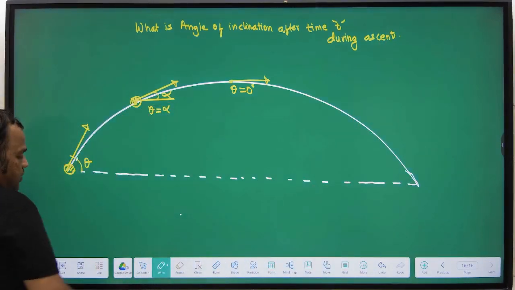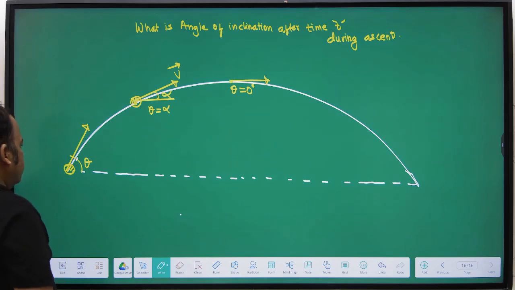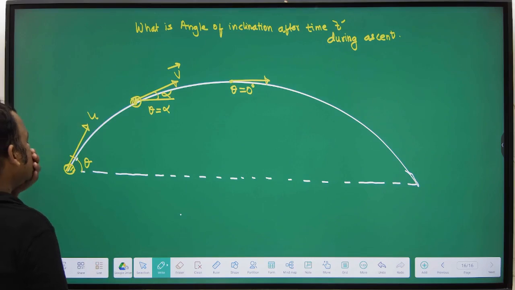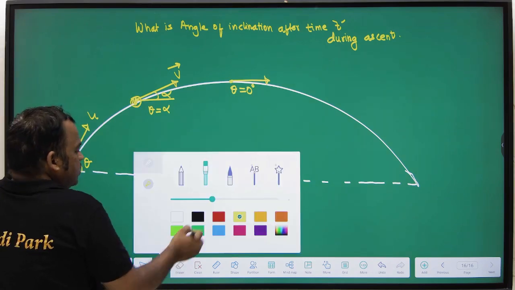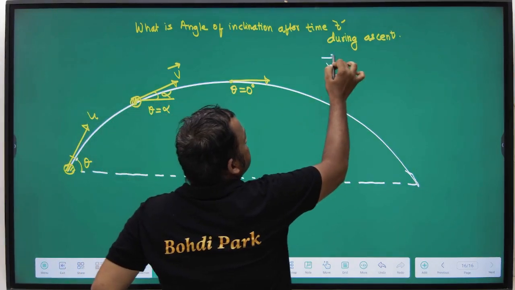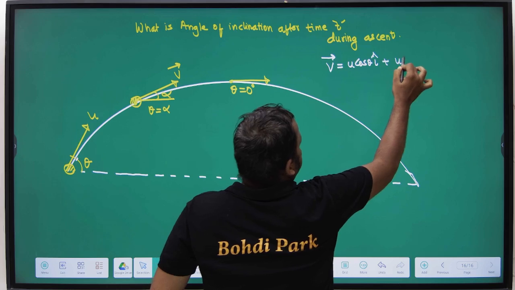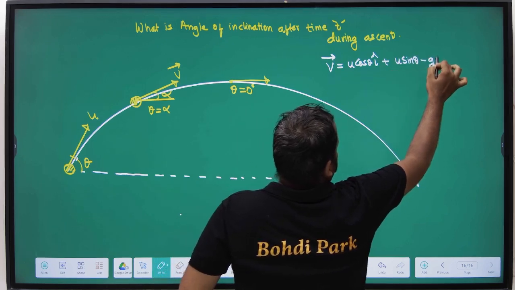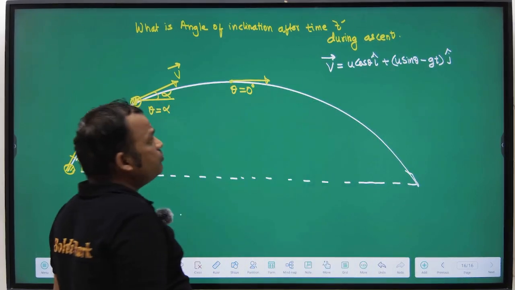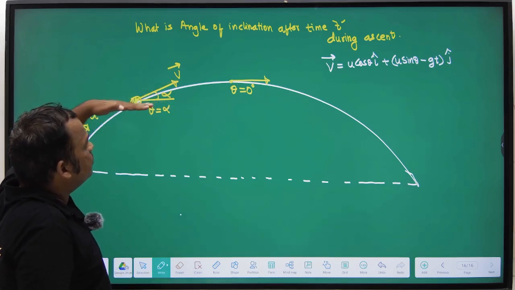Alpha. The angle made by the velocity vector with horizontal. So we will write this velocity vector in vector form. We have found v vector is equal to u cos theta i cap plus u sin theta minus gt j cap. So how to find the angle made by this vector with horizontal?